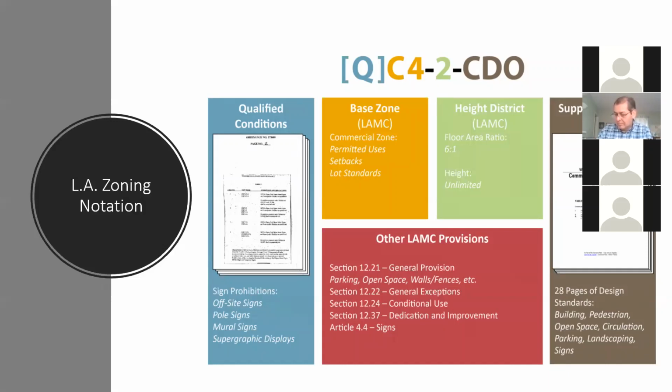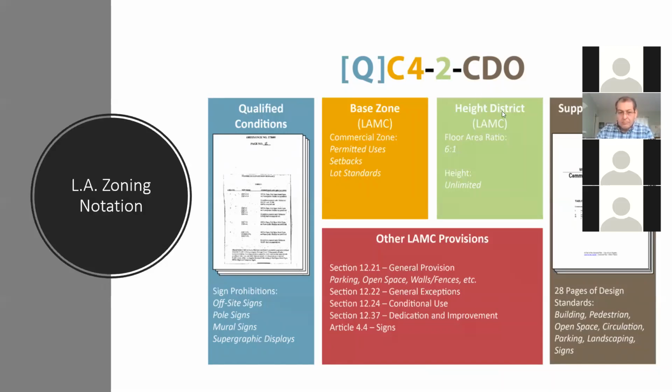So R1 being single family houses and those uses, and then getting more and more intense as the numbers go up. And similarly with commercial, you have your neighborhood serving uses in the C1 zone, but when you get up to the C4 zone, it'll be more intense uses.